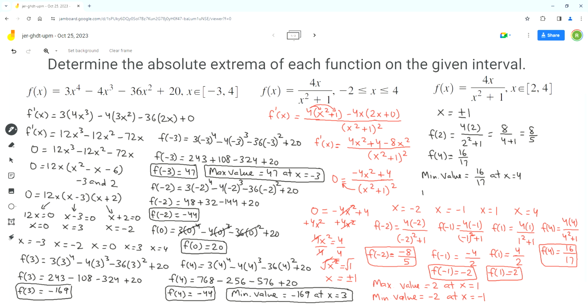And the maximum value is equal to 8 over 5 at x equals 2. So this should be the final answer for this third function.